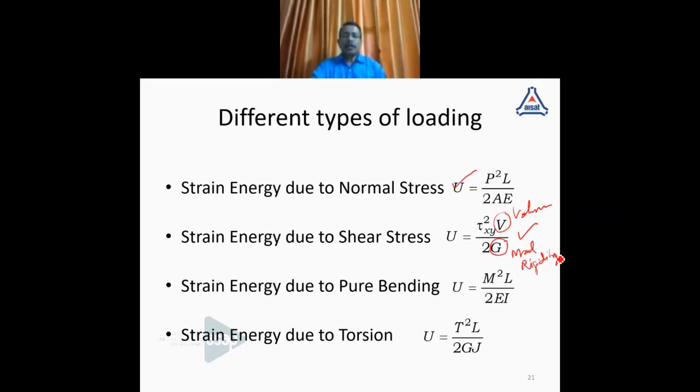So here the load is the shear stress. How much shear stress is applied on a body of volume V having a modulus of rigidity of G.